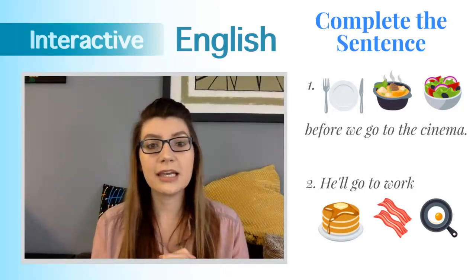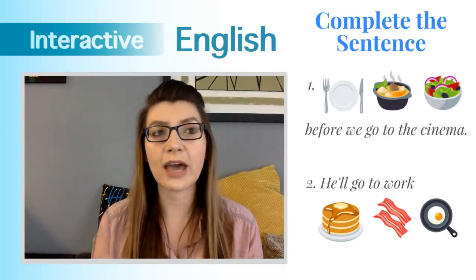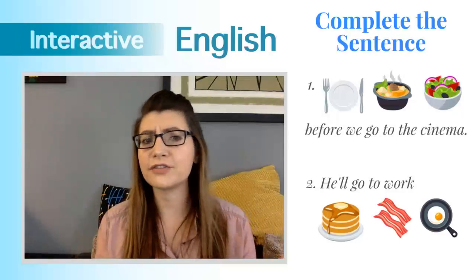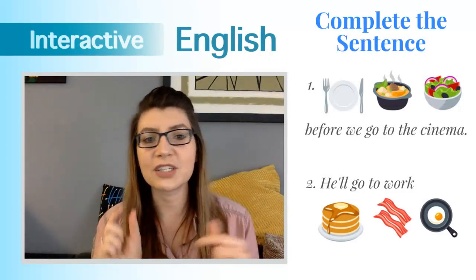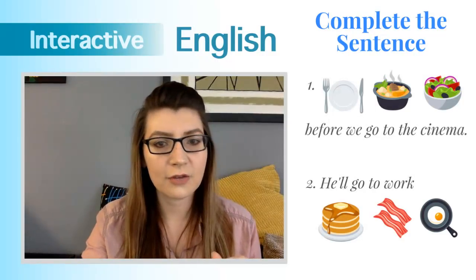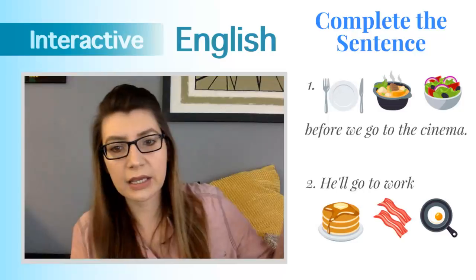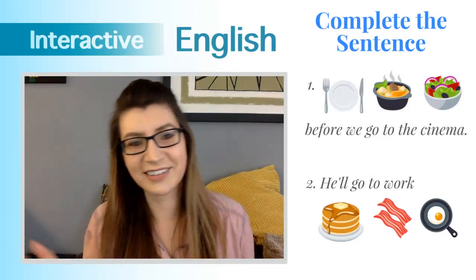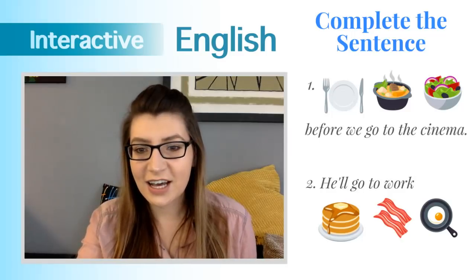So remember, it doesn't have a time marker. So you're going to need to add a time marker: before, after, as soon as, when, once, whatever you want to do. A little time marker right there, and something that has to do with pancakes, bacon, and eggs. Okay, let's see what you guys are doing.